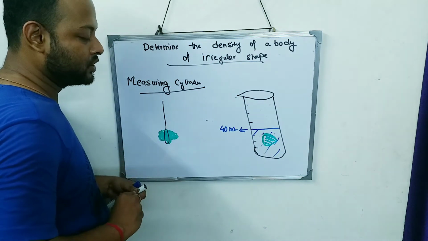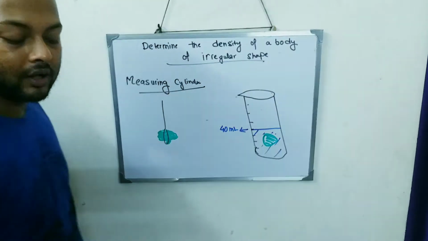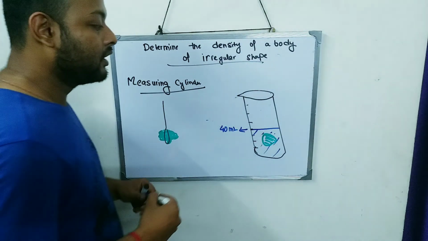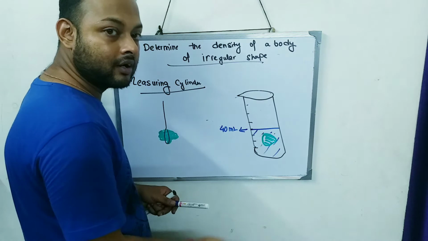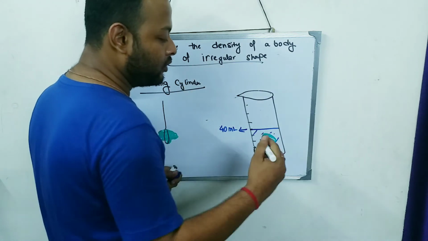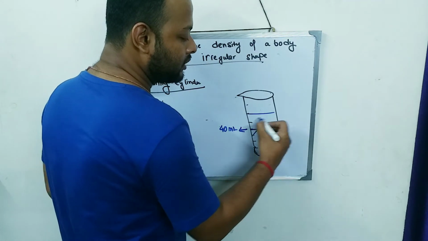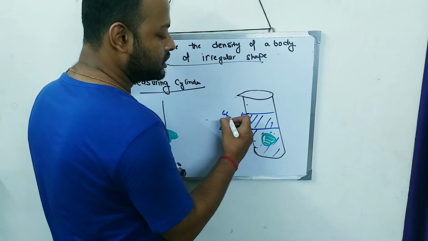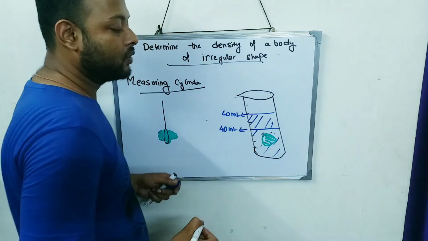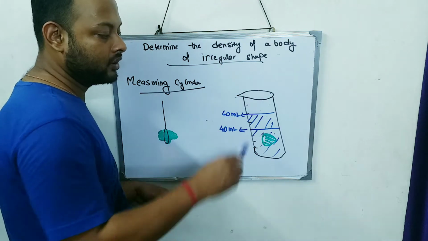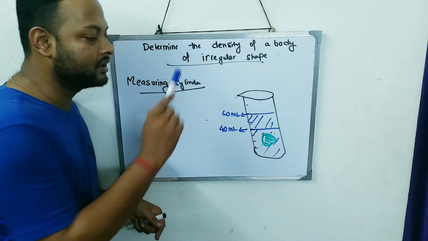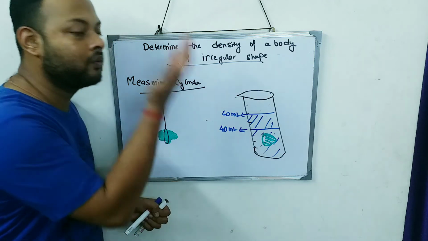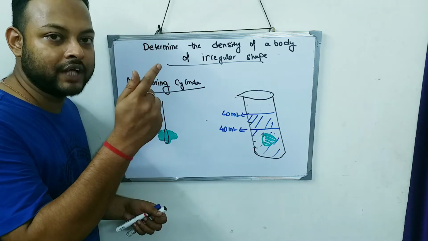As I drop the stone inside the water, what I get to see is that the level of water rises. So the level of water came till here. Suppose this is 60 ml. And here is the jackpot I got.